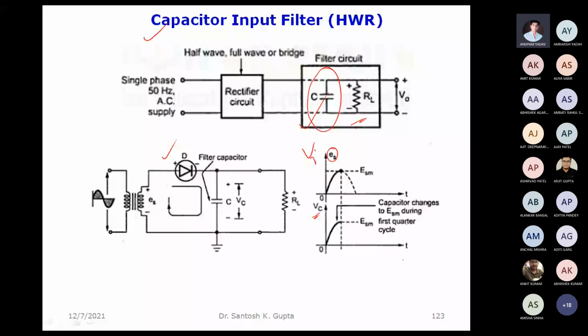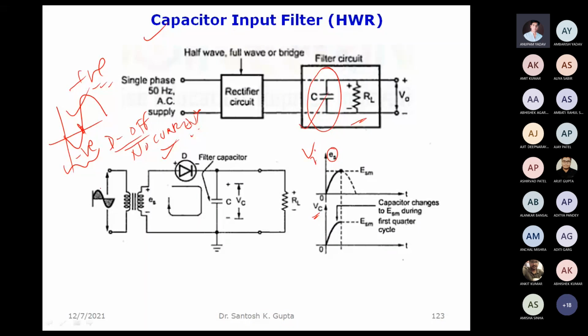Suppose the input is given to vary first negative and then positive half, then also we have to start the analysis from the positive half, because for the negative half the diode will be off and there will be no current. So here we take the first positive half cycle of the input signal.